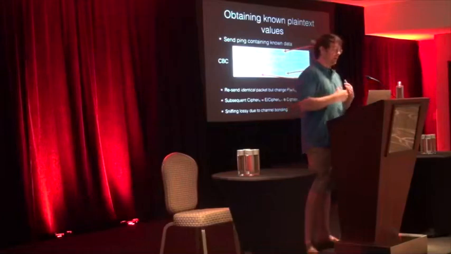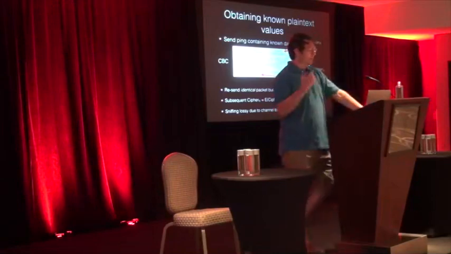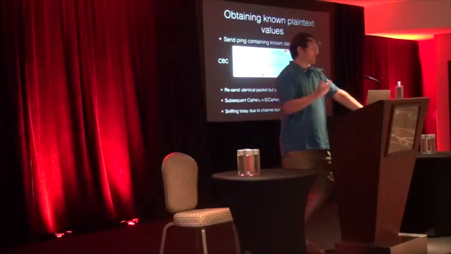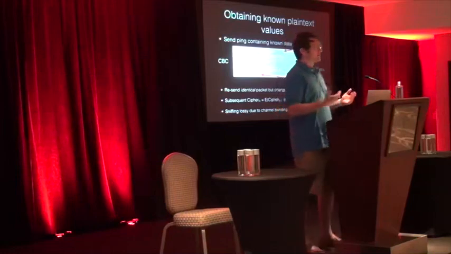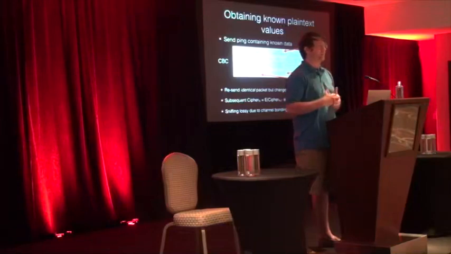This is CBC, so if we send a ping containing some known data, look at the way CBC works: the ciphertext at block N-1 is XORed with the plaintext at block N, and then that resulting XOR goes into the DES encryption and produces the ciphertext at block N. So if we sniff this packet on the wire, and then resend an otherwise identical packet, but swap out the plaintext at block N with the ciphertext at block N-1, they'll be XORed together, producing 0, and the resulting ciphertext at block N will be the encrypted value of 0.